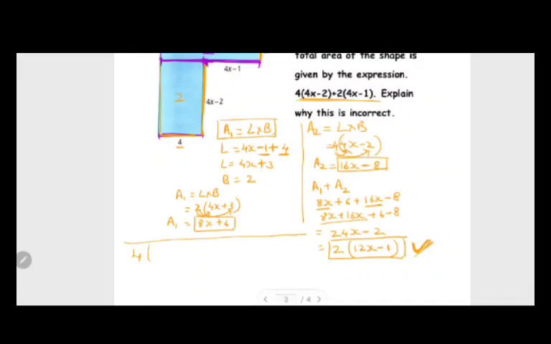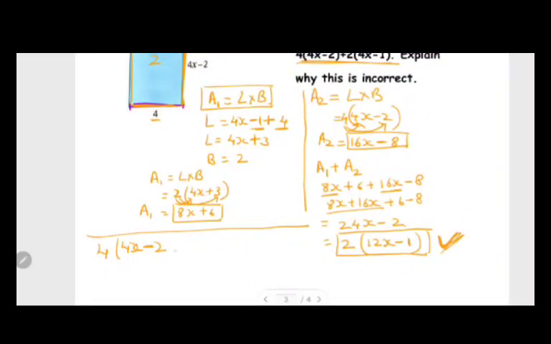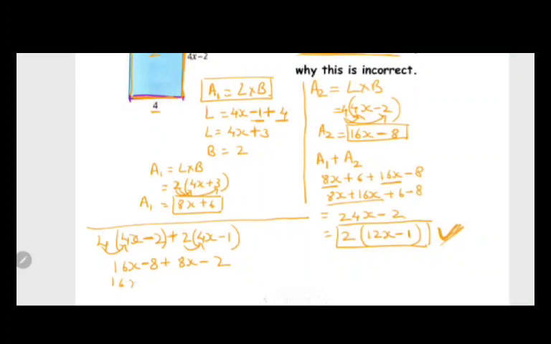So if I multiply 4 bracket 4x minus 2 plus 2 bracket 4x minus 1: 4 into 4, 16x minus 8, plus 2 4s are 8x minus 2. 16x plus 8x, minus 8 minus 2, gives me 24x minus 10.